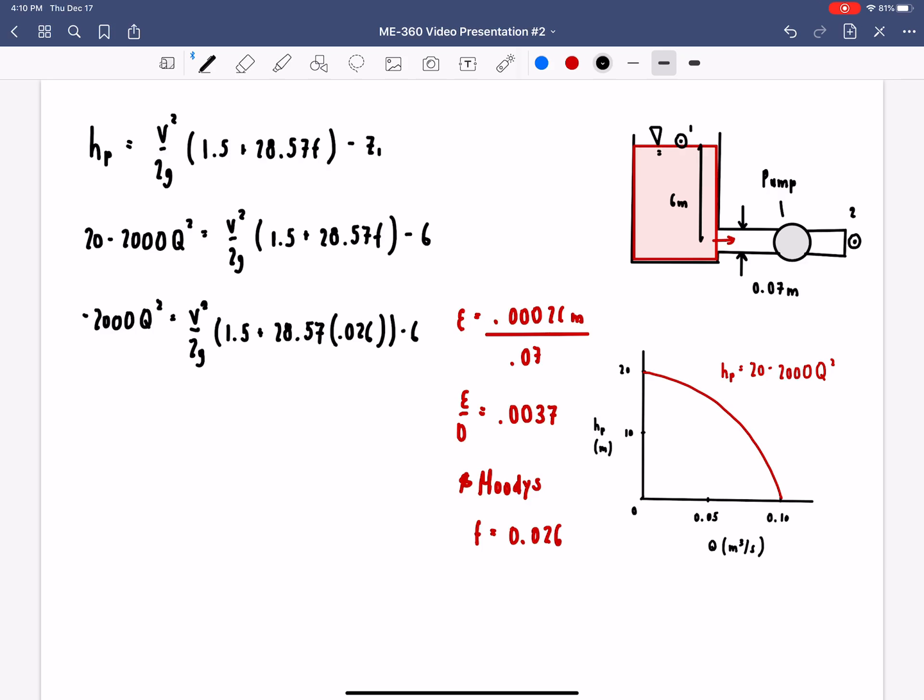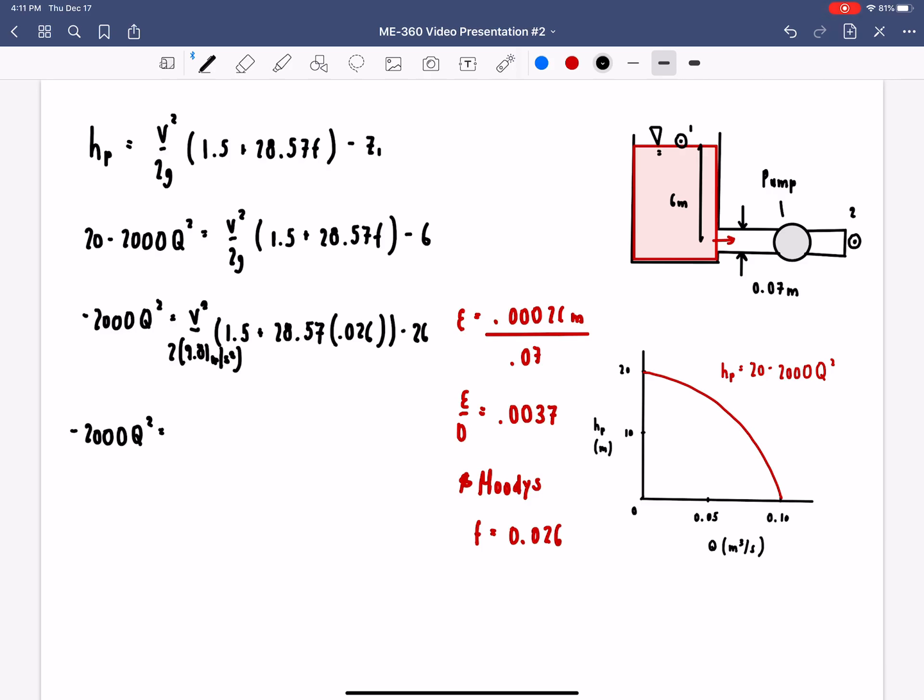And it will also be easier for us to multiply 2 by 9.81 meters per second squared here and simplify each term and multiply the V squared through. So this turns out to be negative 2,000 Q squared is equal to, oh, this should be minus 26 right here because I brought the 20 over.